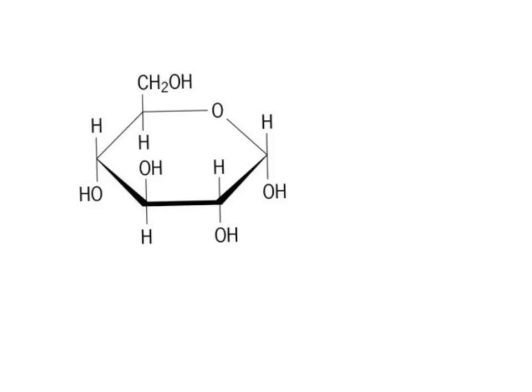The monosaccharide that we spend most of our time looking at is this one, which is glucose. Glucose is known as a hexose sugar because it contains 1, 2, 3, 4, 5, 6 carbon atoms.